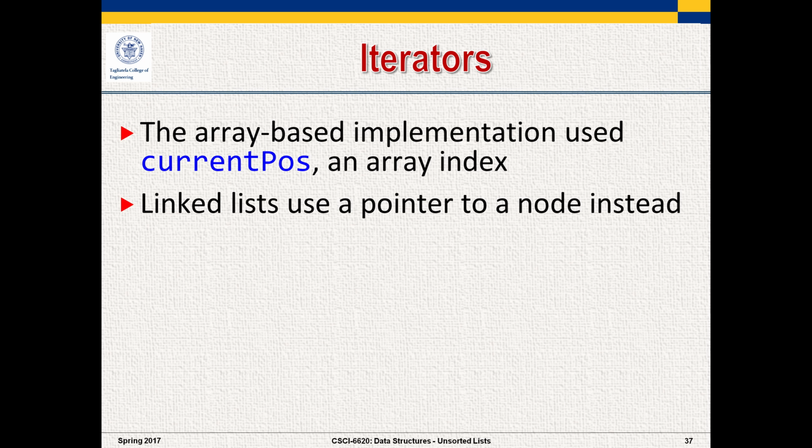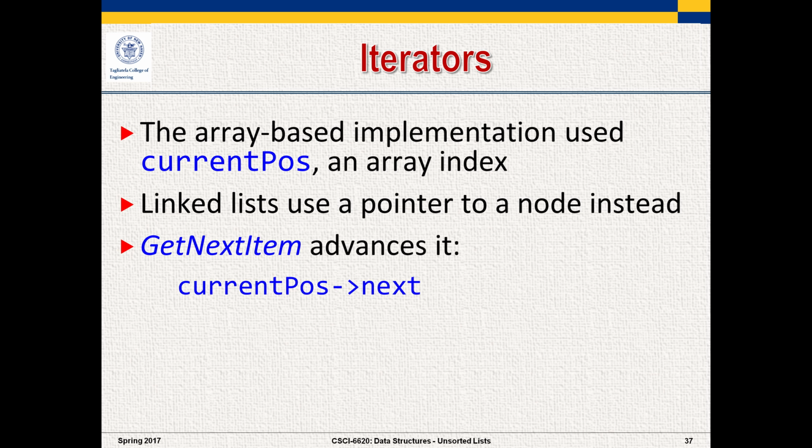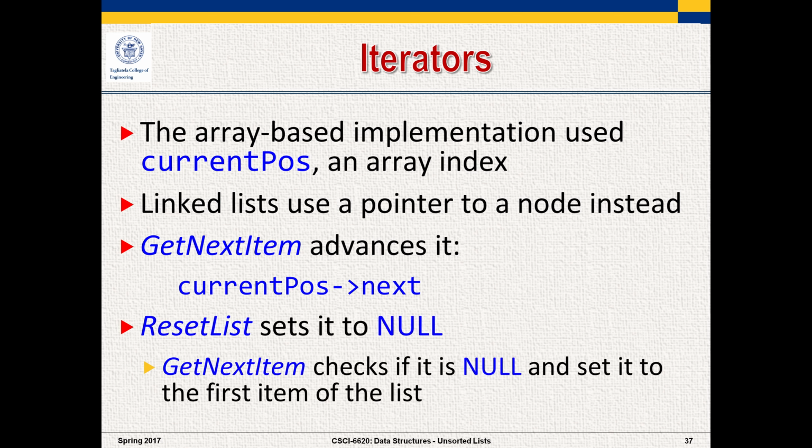Instead of an array index, which would be an int, the linked list here uses a pointer to a node instead, so it's an address. And then GetNextItem, instead of incrementing current pos by 1, actually advances it by updating the value of current pos to point at the next thing. Okay, so that is the next node, wherever it happens to live in memory, will be set properly.